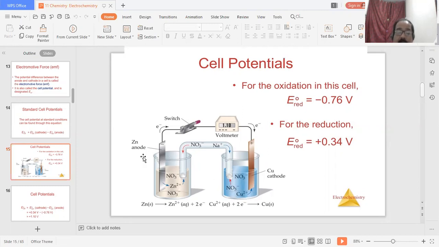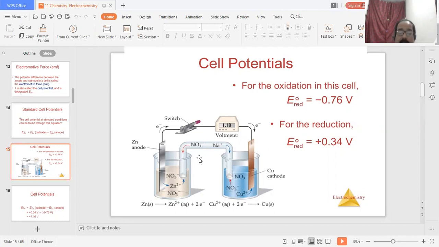Both electrodes are connected to the switch and this is the voltmeter. This is the half cell part, and when both apparatus are combined with the help of this salt bridge, the cell is complete.